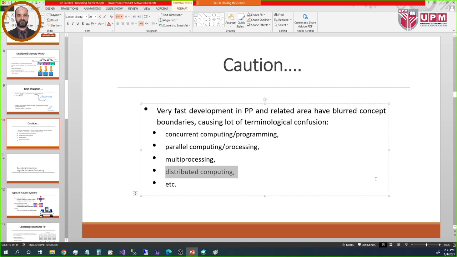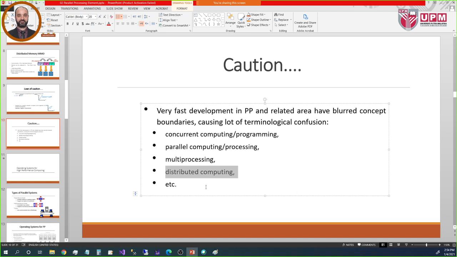So it could run one single task on multiple units physically located in different places. And it can also run multiple tasks on those physically distributed units, so each unit can run one task.